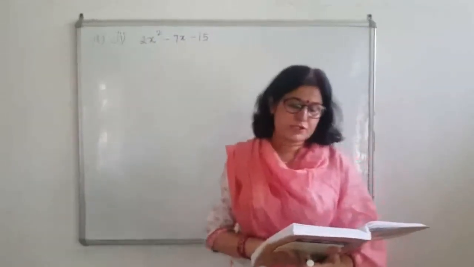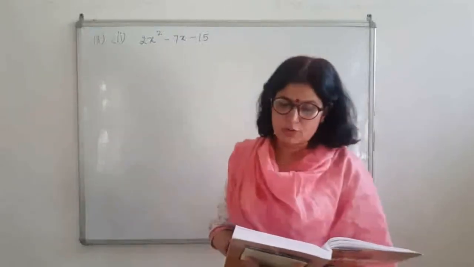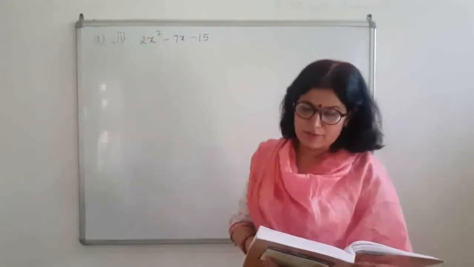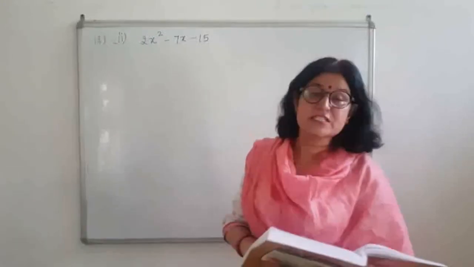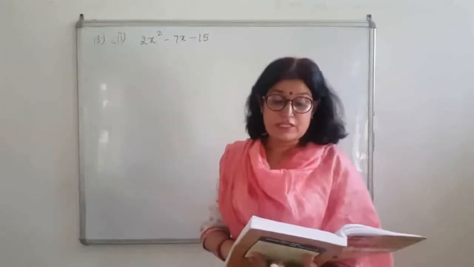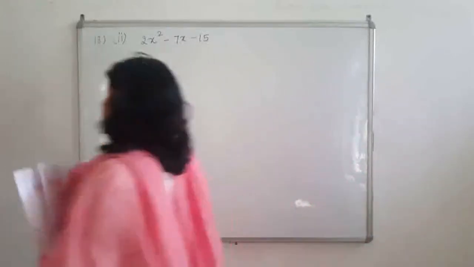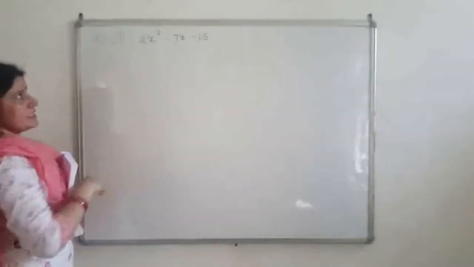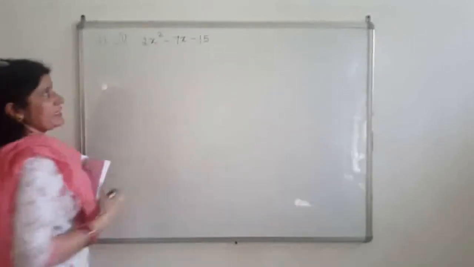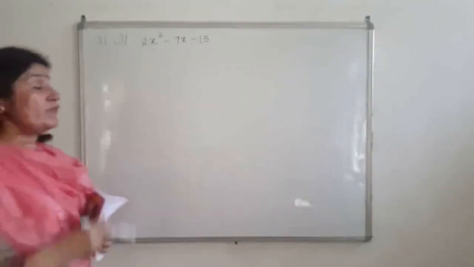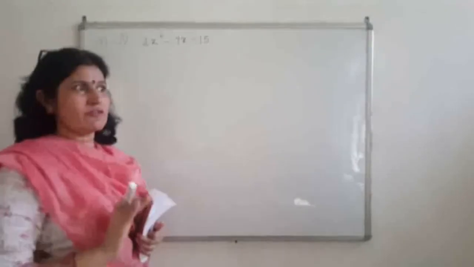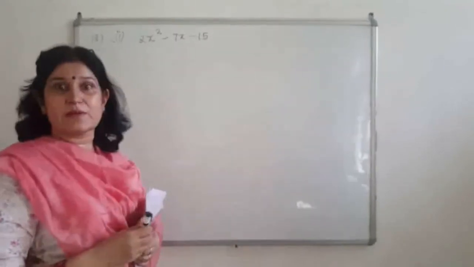Now next question, question number 18. In this question, a trinomial is given. You have to find whether the given trinomial is factorizable or not. If it is factorizable, then you have to factorize. We will take the second part: 2x square minus 7x minus 15. To find out without solving, first we have to find whether it is factorizable or not.